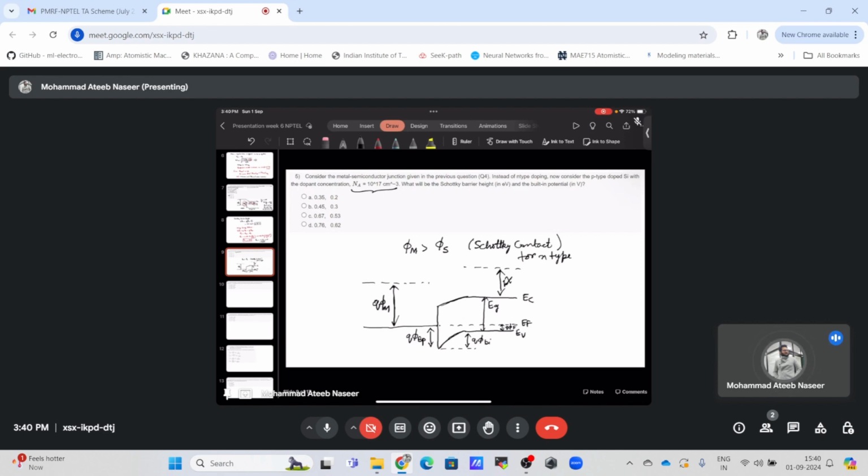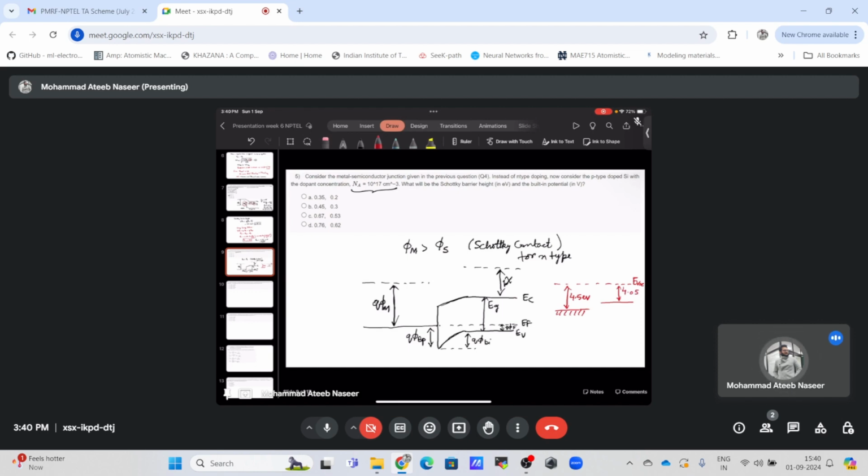For your reference, let me draw it in the red color. So if this is your vacuum level, and the metal work function in the previous case, as it was drawn previously, was 4.5 electron volts, and what we had seen is that the electron affinity was 4.05.